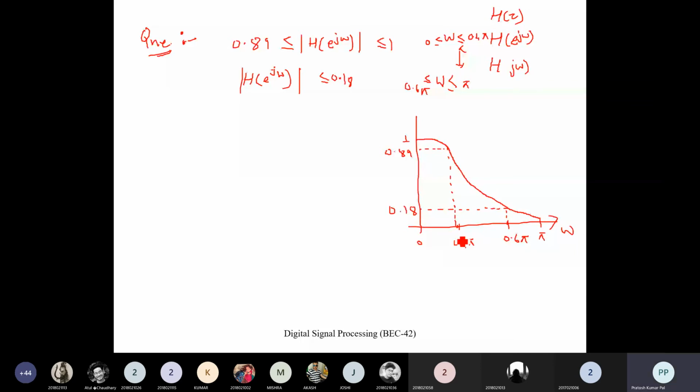Once we have got this value, from there we can get delta 1 equals 0.89, delta 2 equals 0.18, omega 1 equals 0.45, and omega 2 equals 0.65. So this omega 1 will be omega p, and omega 2 will be omega s. Delta 1 is delta p, and delta 2 is delta s.